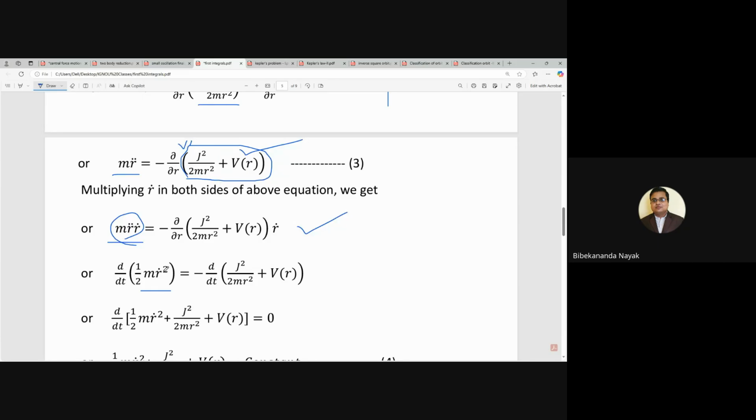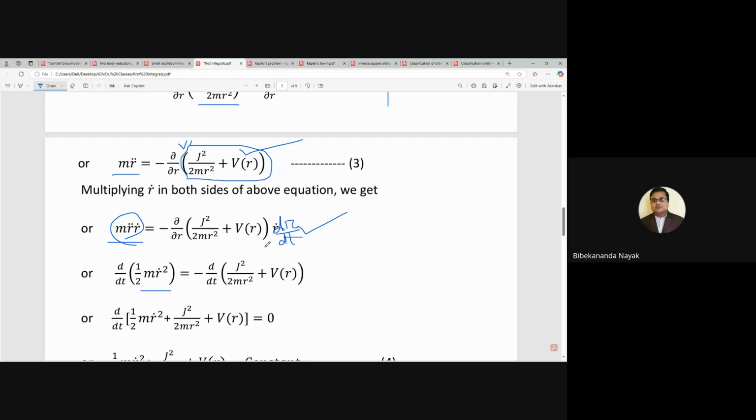Derivative of half m r dot square is 2 m r dot r double dot over 2; the 2 cancels, giving m r dot r double dot. Right hand side is del by del r. r dot means dr by dt. So using reverse chain rule, del by del r of something into dr by dt, I can write minus d by dt of this quantity.